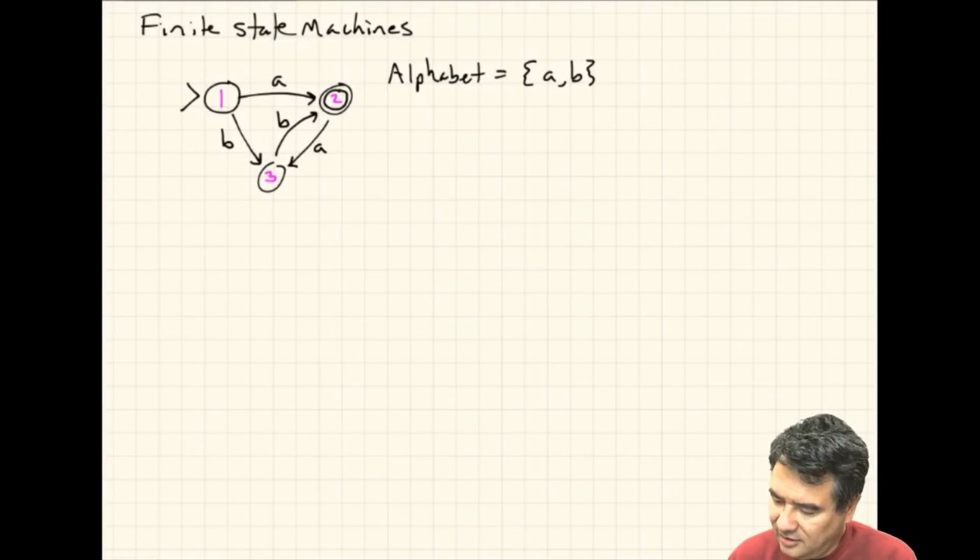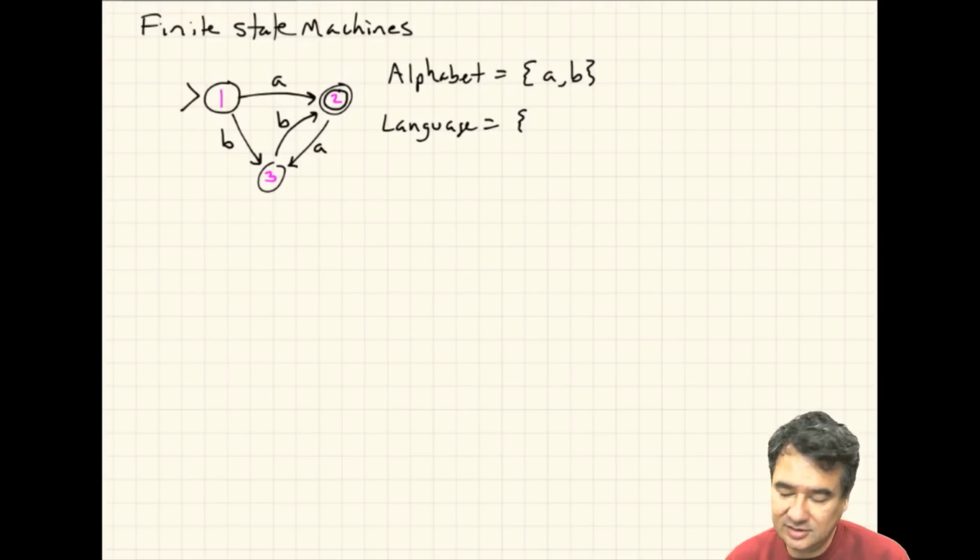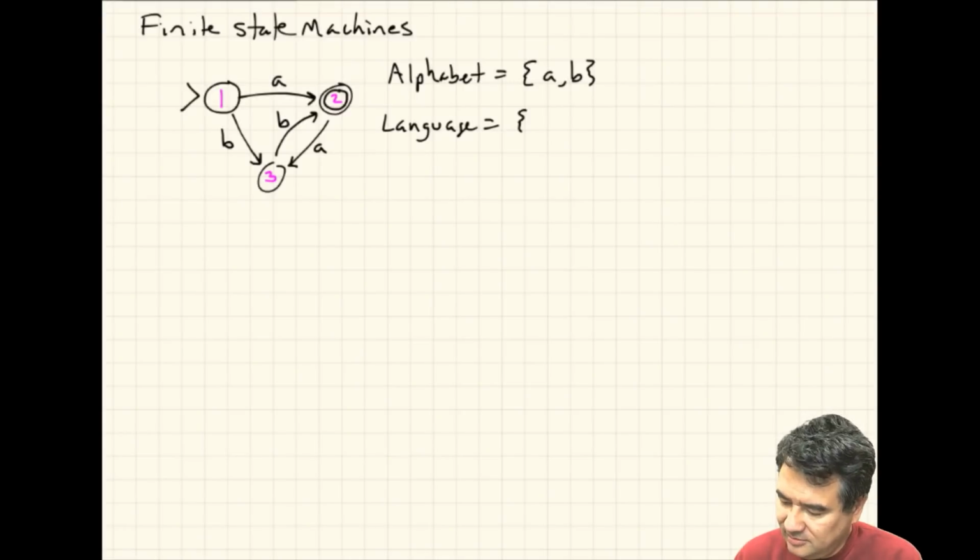Okay, and so now the question is, what strings, or let me back up and say, what is the language that this machine accepts? That is, what are all the strings? So one of them is just A, and you can do that by just starting at 1 and going zip over here to 2, and then you're done.